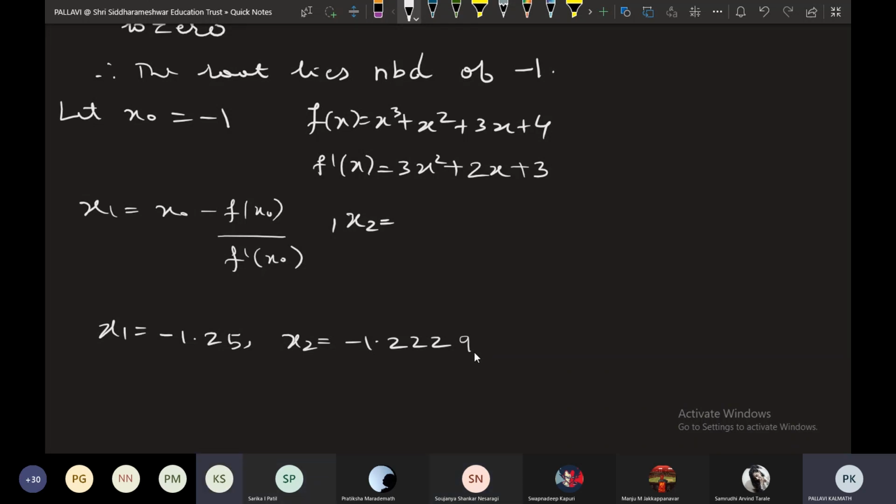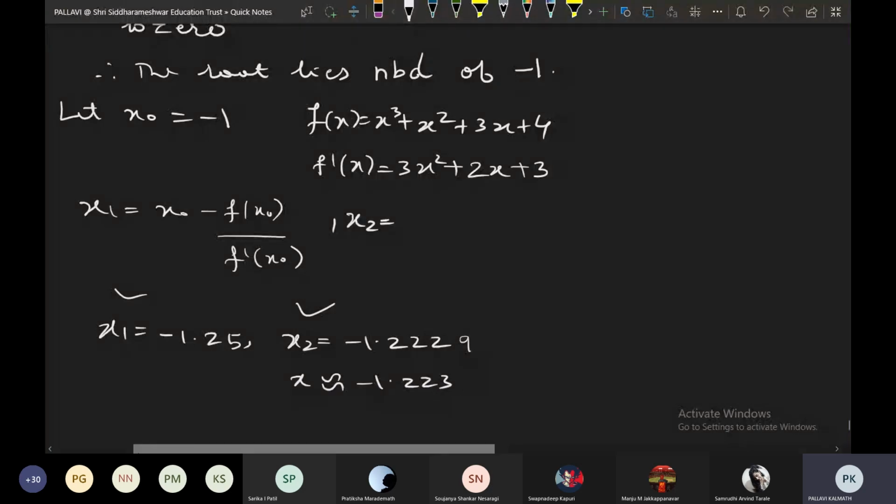Minus 1.22. Okay, so this is the first iteration and this is the second iteration. Is it clear? Therefore, you can approximate the root x as nearly equal to minus 1.223. Okay, so is the example clear?